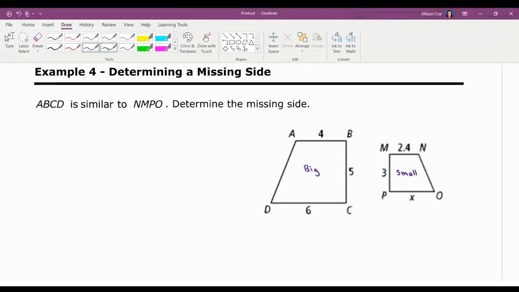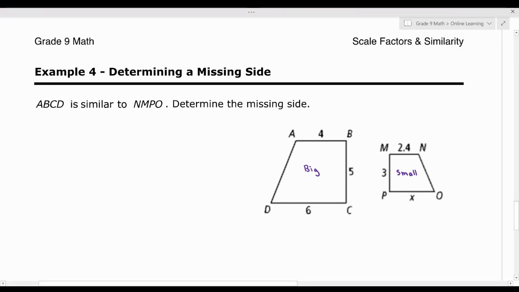So what I would do, they're telling me that ABCD is similar to NMPO.